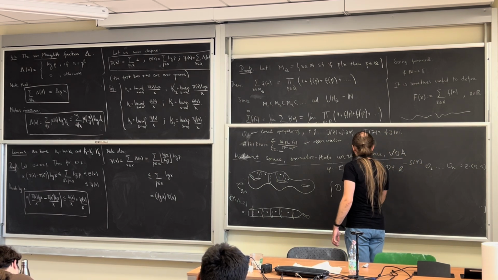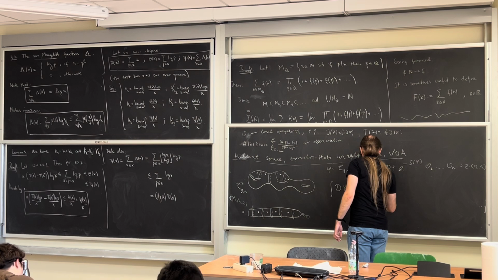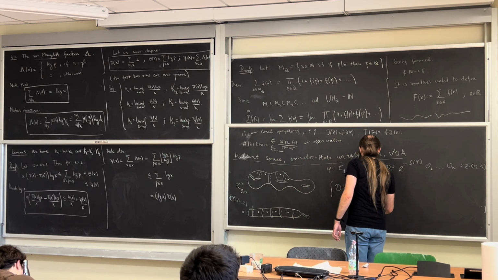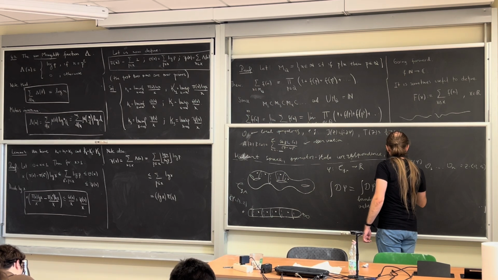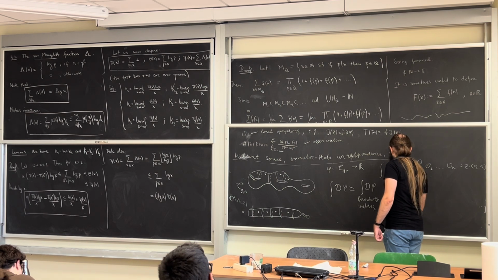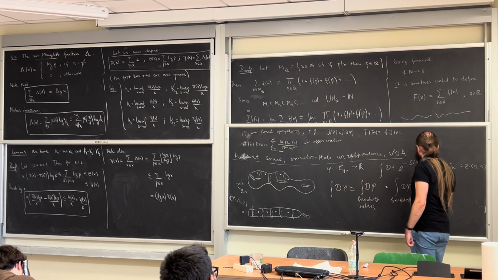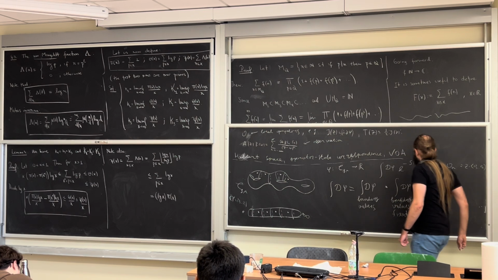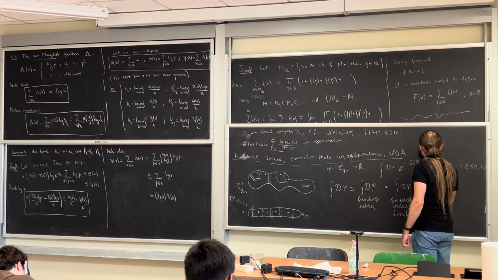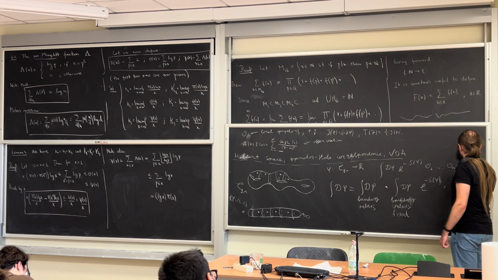It is an integral over boundary values times the integral over Dφ with boundary values fixed, times e^{-S(φ)} times all these operators.